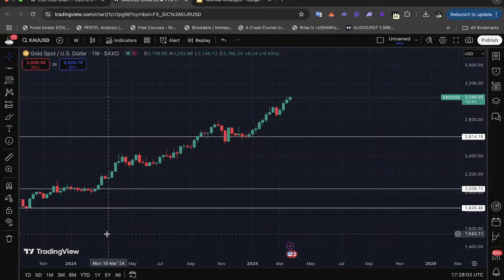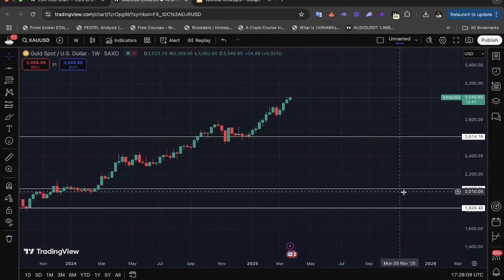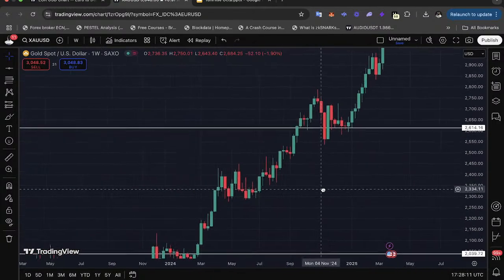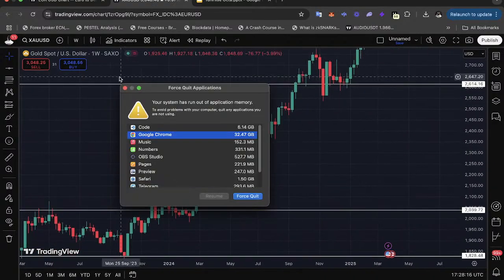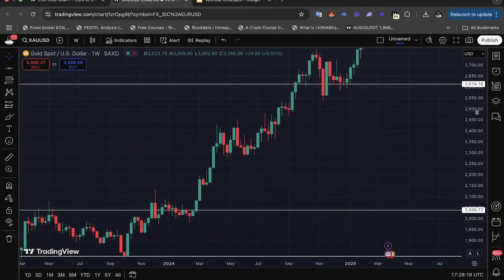If you have any question, please do drop it in the chat box. All right, so you can see that on the weekly time frame now, we are able to see more clearly areas where price reverses.